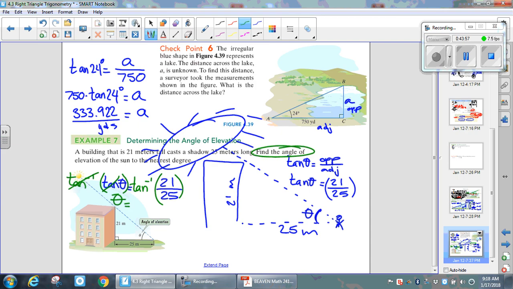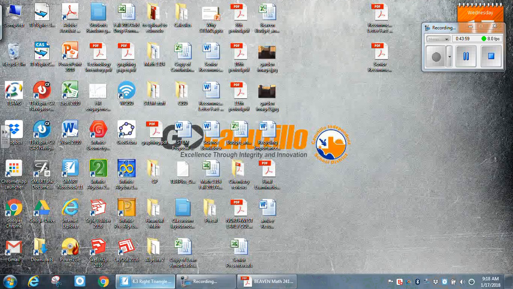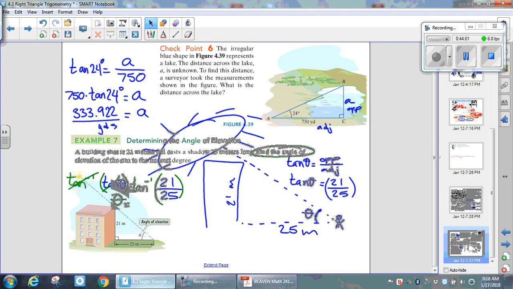Press trig, and you will see there's a tangent with a little power of -1. That means tangent inverse. I want all of you to press that button on your calculator and find it. We're going to cover more of those problems later on.